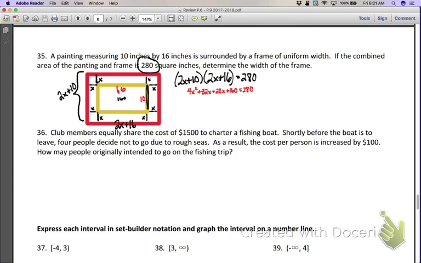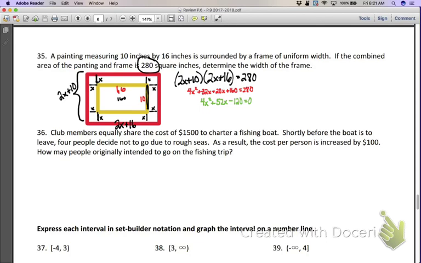Well, I need to bring the 280 over, and I'm going to combine my x's, so I'm going to have 4x squared plus 52x minus 120 is equal to 0. So I'm going to need to factor it. Let's make it easy.